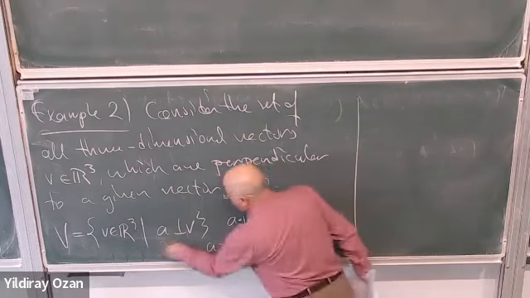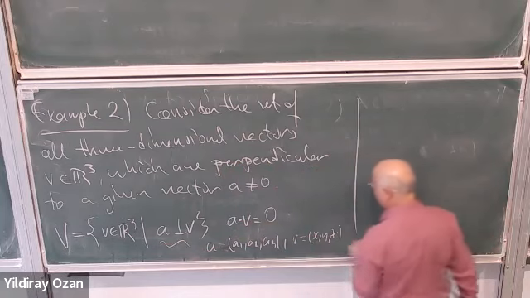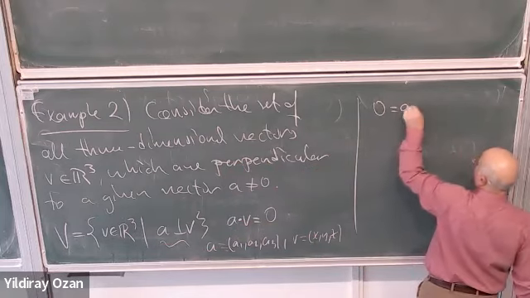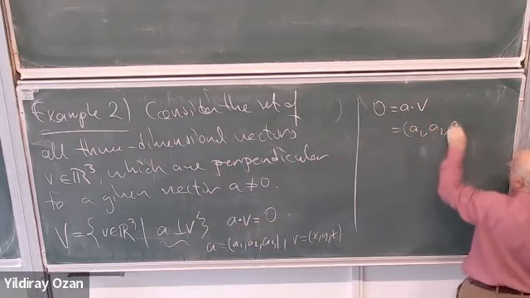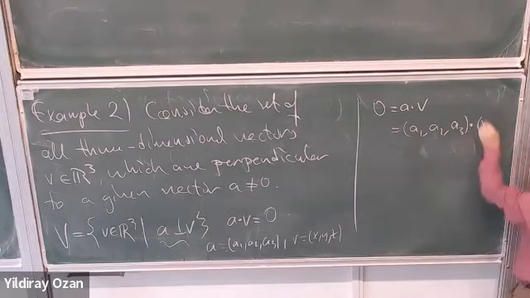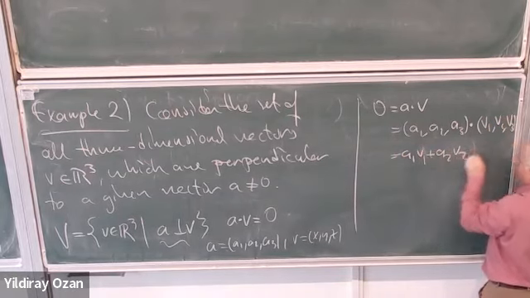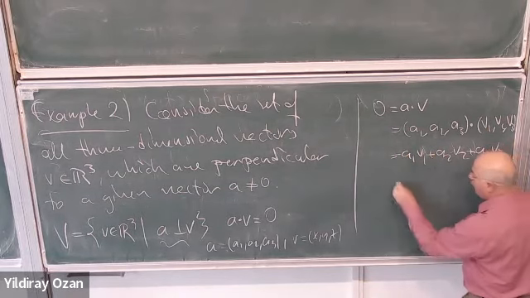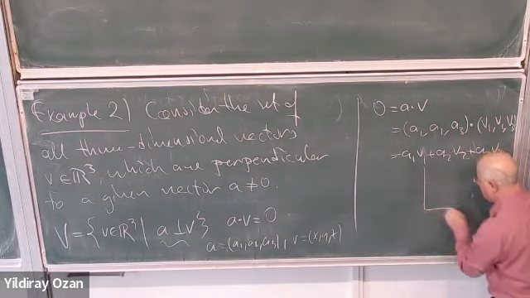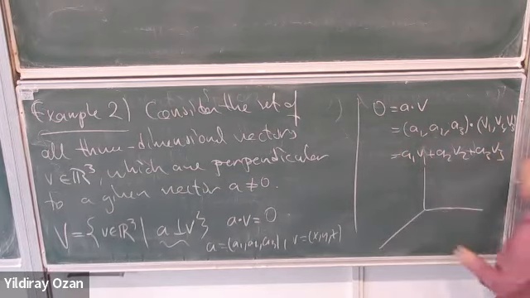This perpendicularity condition is this: A dot V is 0, but just A1, A2, A3 dot product V1, V2, V3. So what is this? This is A1 V1 plus A2 V2 plus A3 V3 is 0. So V is the following gadget. Let me just try to draw it. So we have some, let's say, vector.